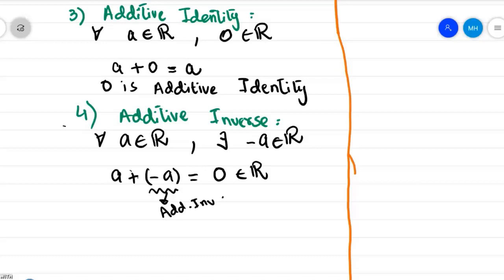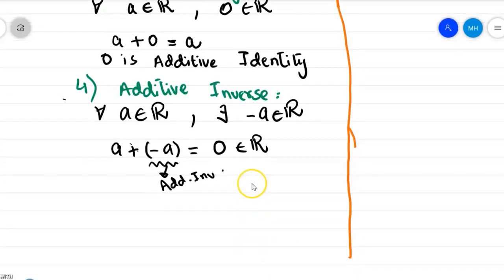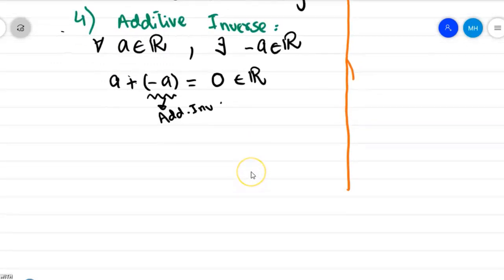Now we have the fifth property, which is the commutative law, right? As the name symbolizes, with all the properties you have to understand what the names tell you. Commutative means commute, which means you switch the position, and the answer will be the same.